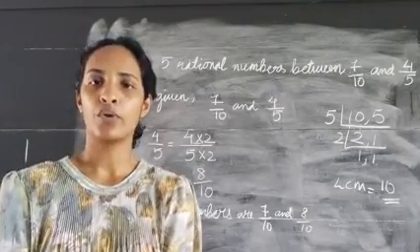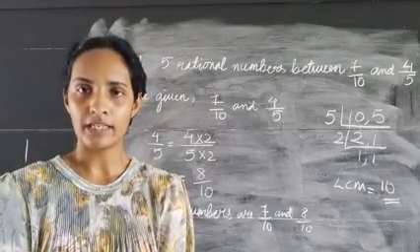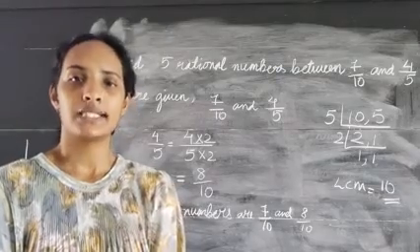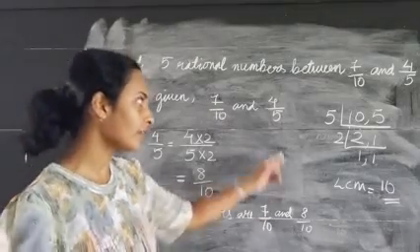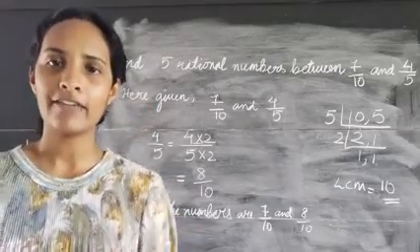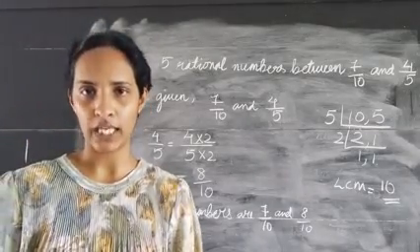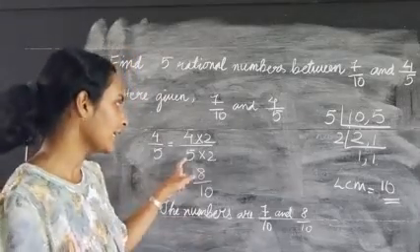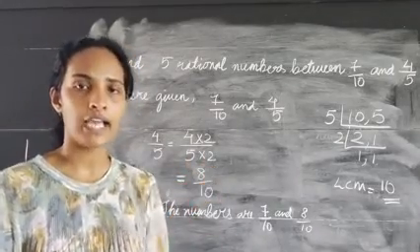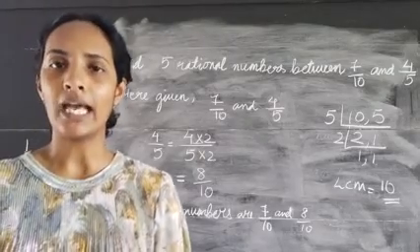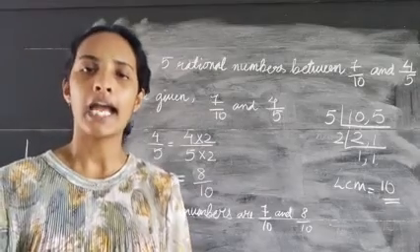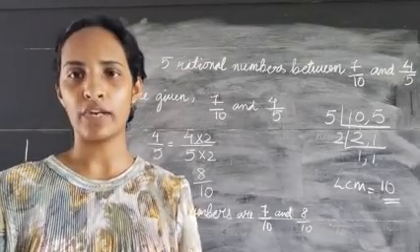Now for that, what do? I look at one of the denominators, it is already 10, I don't need to do anything, right? Now the second denominator is 5, I need to make it 10. So what do? 5 into 2 is 10, I know that, right? So I multiply the denominator by 2 in order to make it 10, right? But I know that in a fraction, when I multiply or subtract or add anything to the denominator, I need to do the same thing to the numerator, right?